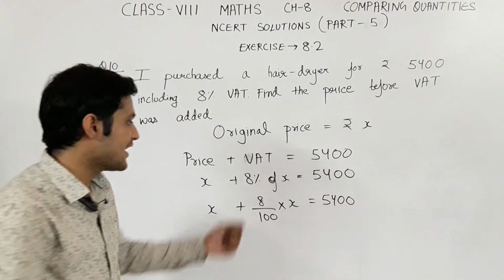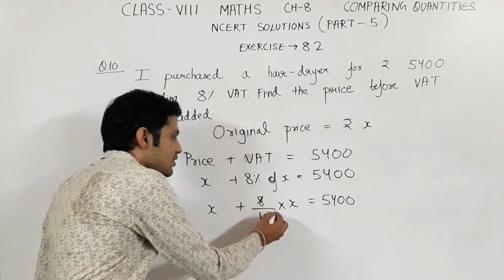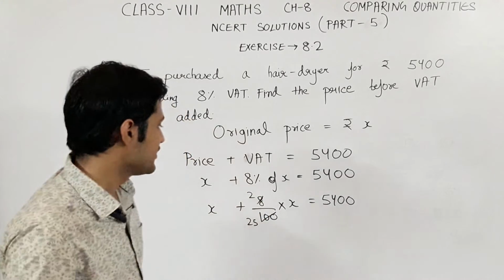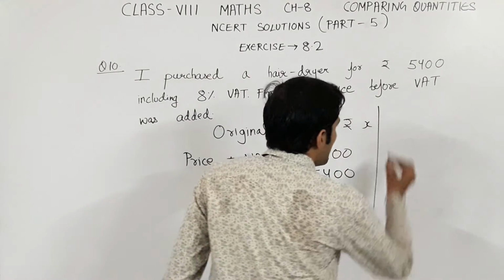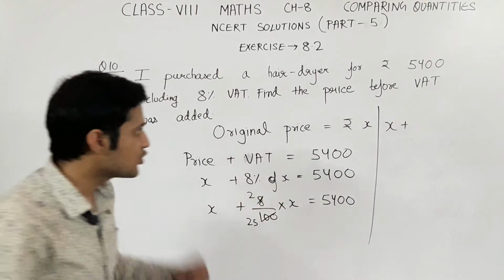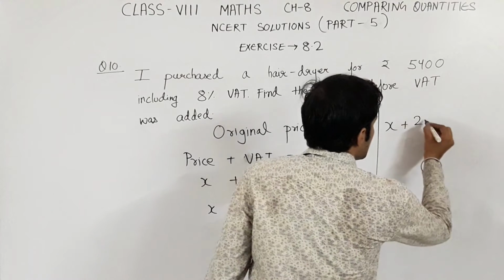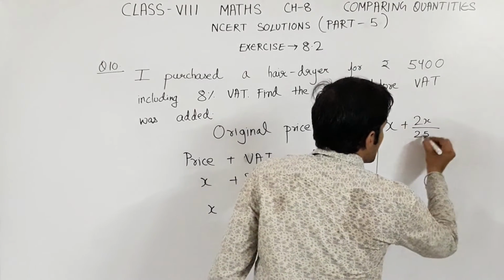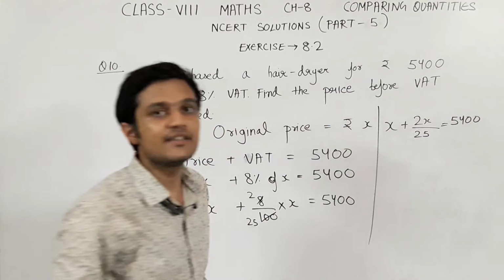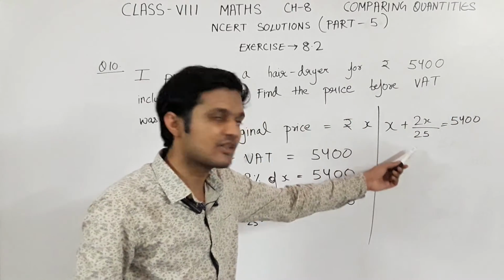Okay, we can cancel 8 and 100 by 4, 2 and 25. So what we got? We got X plus 2x upon 25 gives 5400. Now we have to find the value of x from this equation.